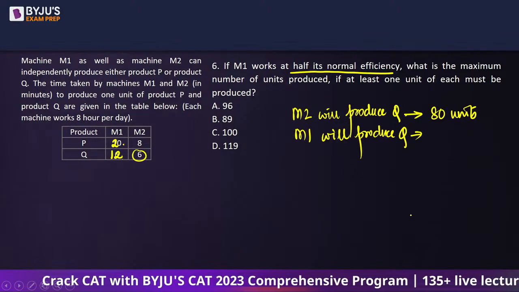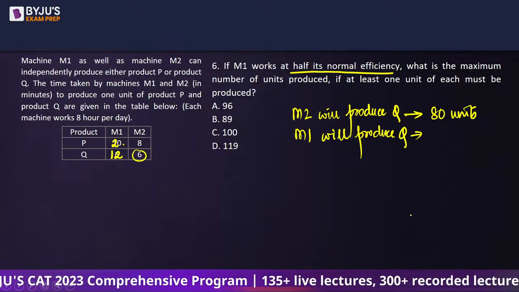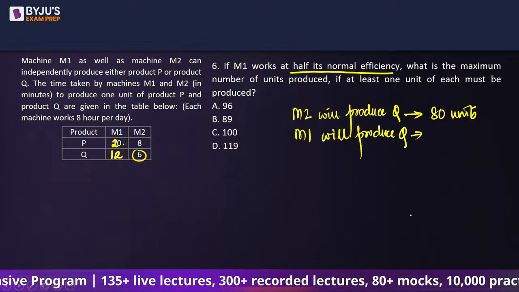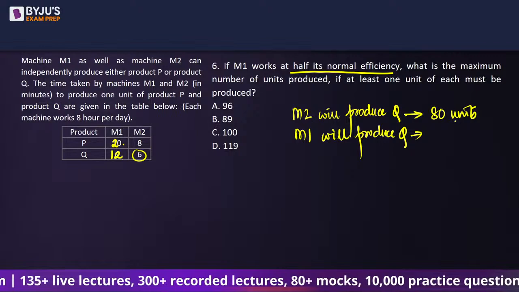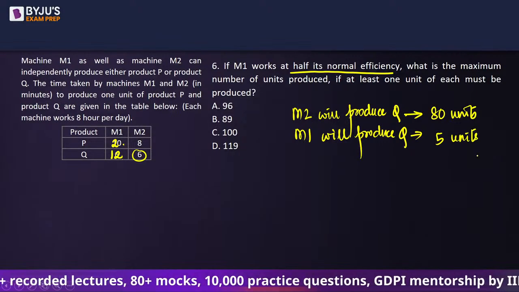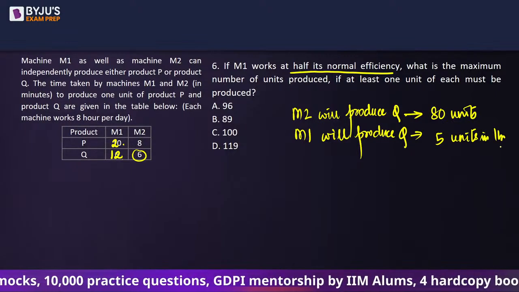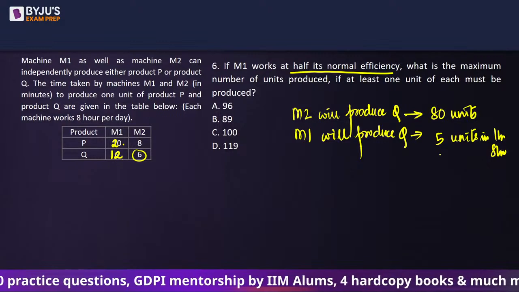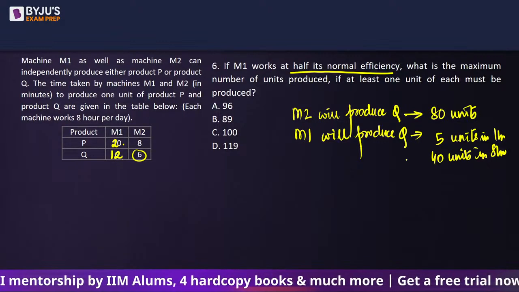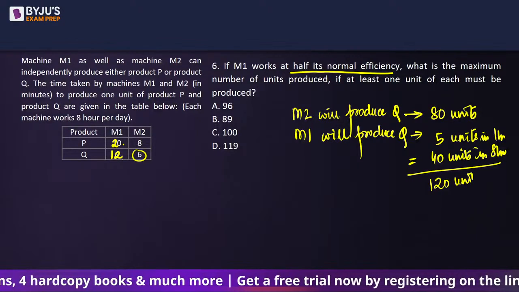M1 takes 12 minutes to produce 1 unit of Q. So यानी कि 60 minutes में it will produce 5 units. So in 8 hours it will produce 8 into 5, 40 units. So we will have a total of 120 units that will be produced.